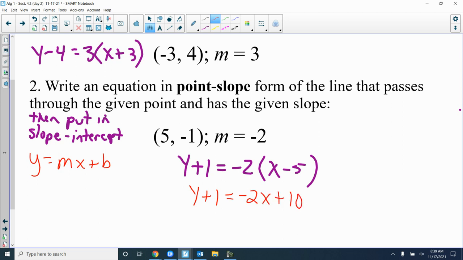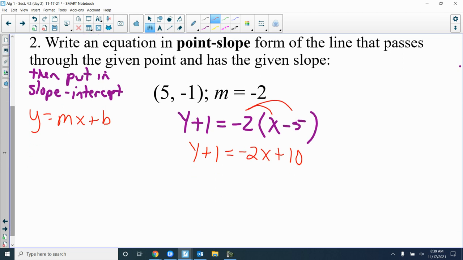That's exactly right. Do you agree with them? We distributed over there, and then you -1 on both sides. What can you -1 with on the right side? You can't mess with this, right? Because they're not like terms. So I'm going to -1. So I got y equals this.